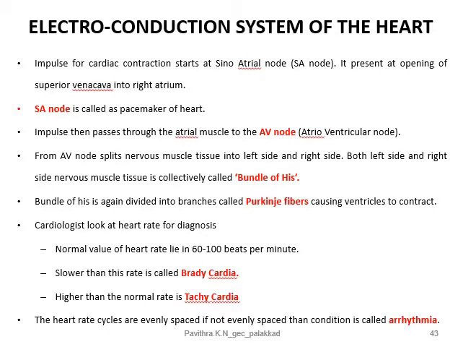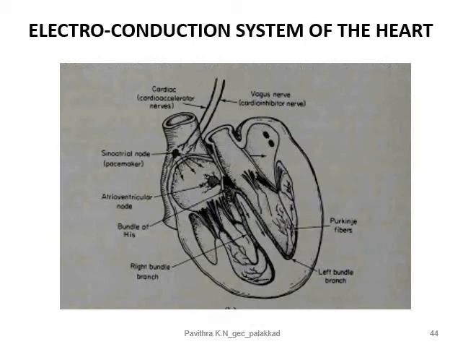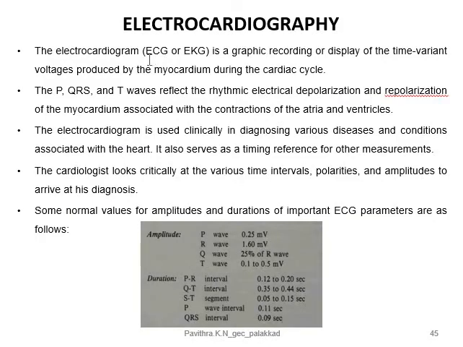The tracing of this electrical current or impulse is done by an instrument known as an electrocardiograph, and the graphical recording of the electrical current or impulse is known as an electrocardiogram or ECG.